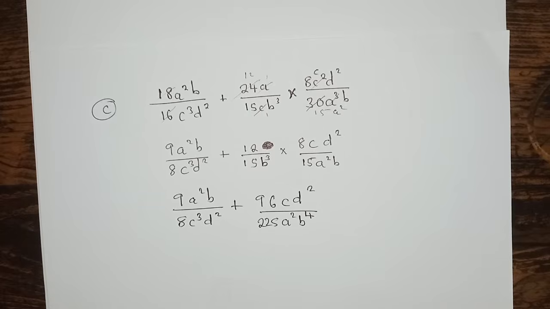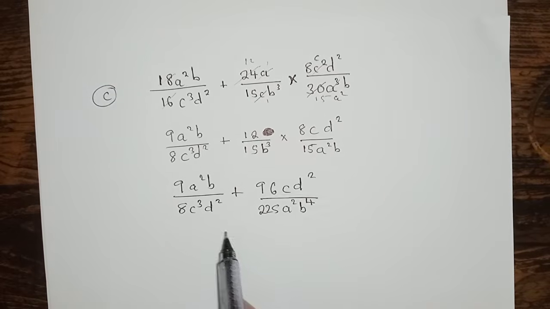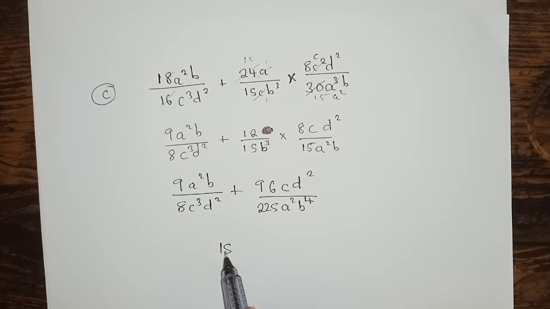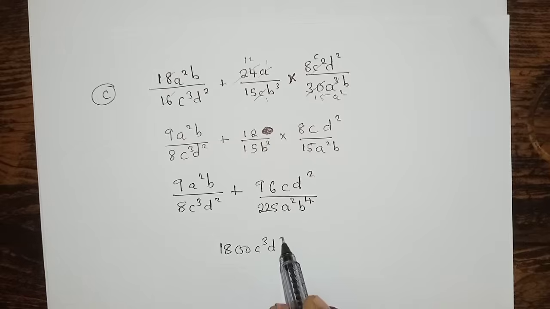Now at this stage, we can find the common denominator. What's the common denominator here? The common denominator here will be 1800 C power 3 D power 2 A power 2 B power 4.